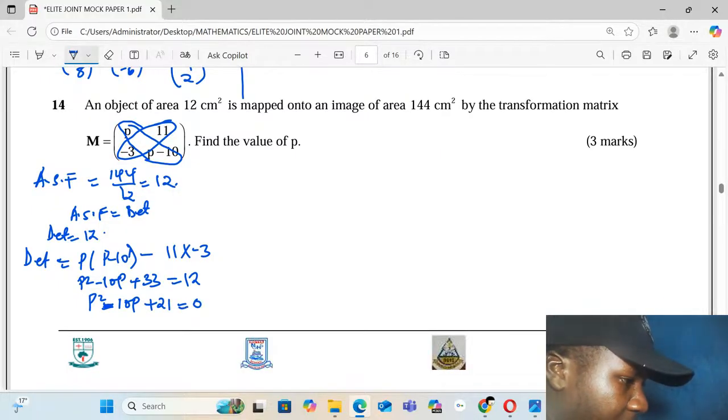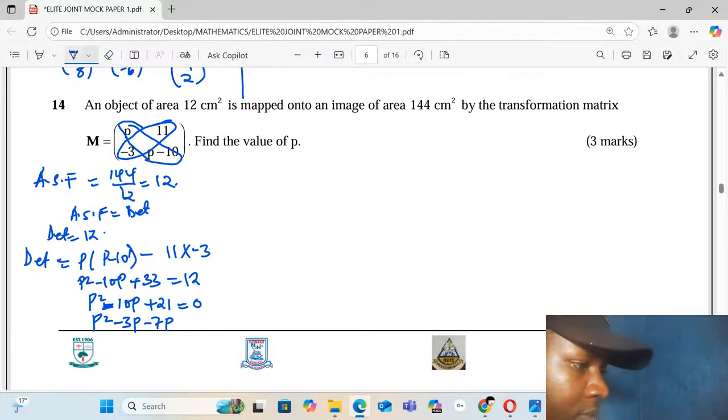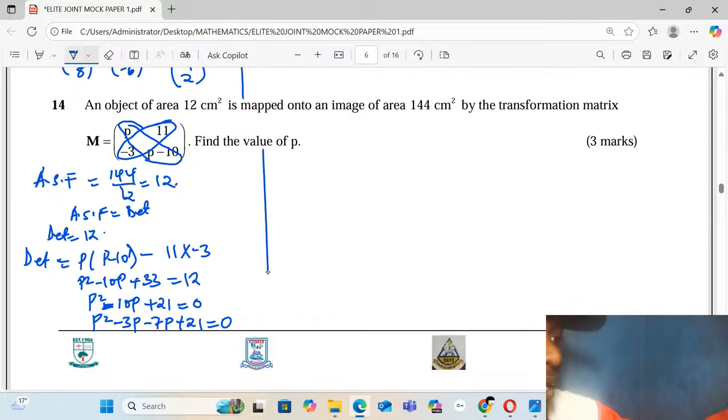We've collected the like terms together so that we have P squared minus 3P minus 7P plus 21 equals 0. We know that negative 10P is the same as negative 3P minus 7P. Then we look for the like terms.